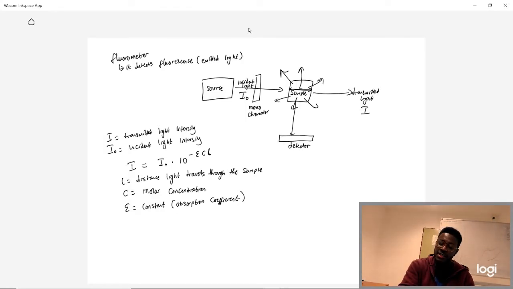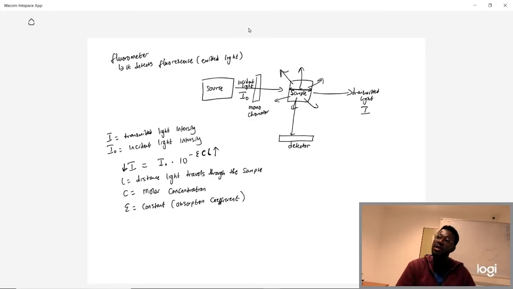So you can see that if your length increases or your concentration increases, then the transmitted light intensity is going to decrease.